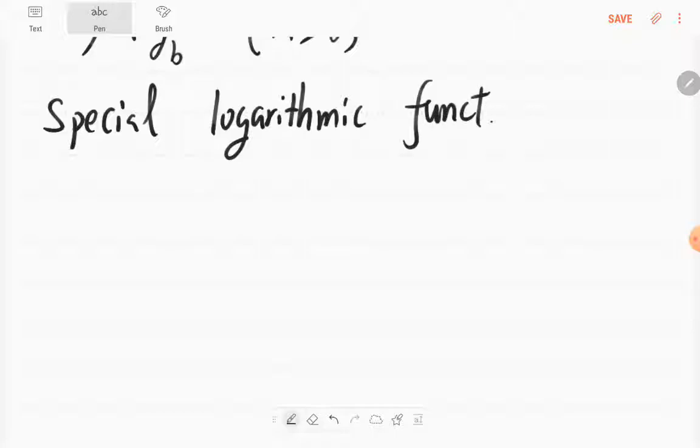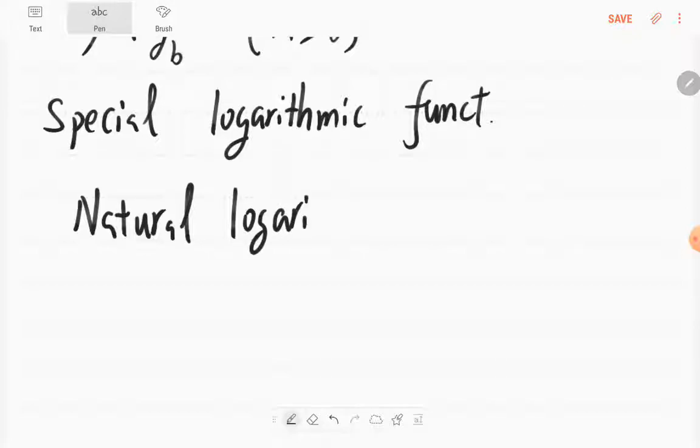One is called the natural logarithmic function, which is denoted by ln x.